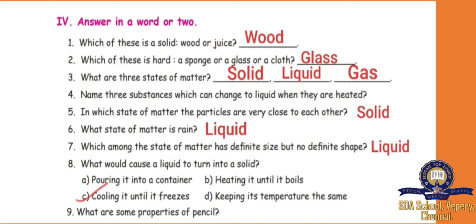Now third one. What are three states of matter? Three states of matter are solid, liquid and gas. In the beginning of the lesson we have learned this, right? Now the fourth one, name three substances which can change to liquid when they are heated.